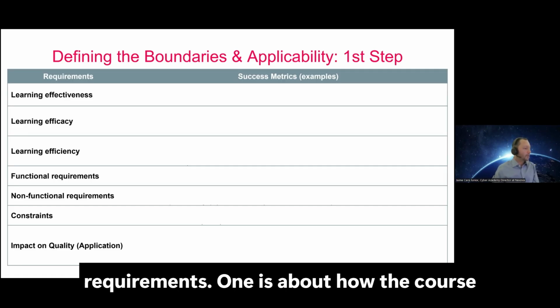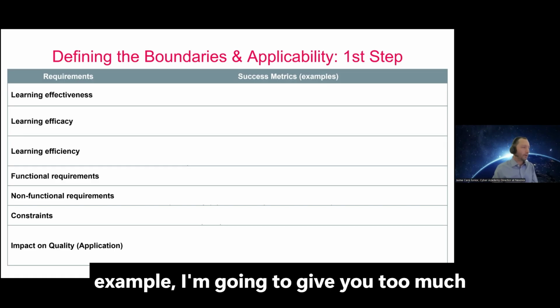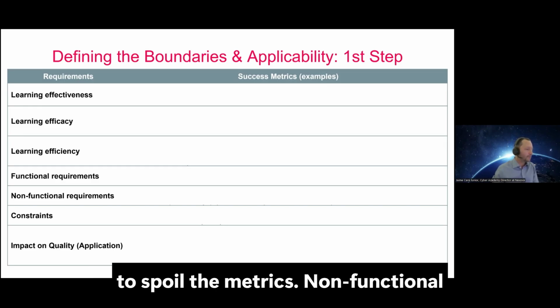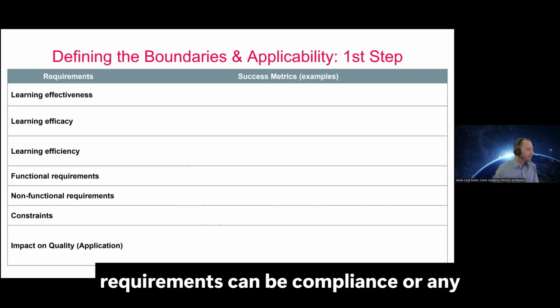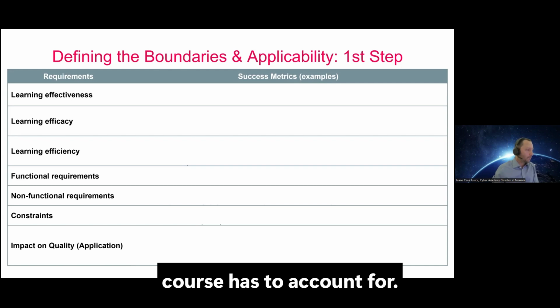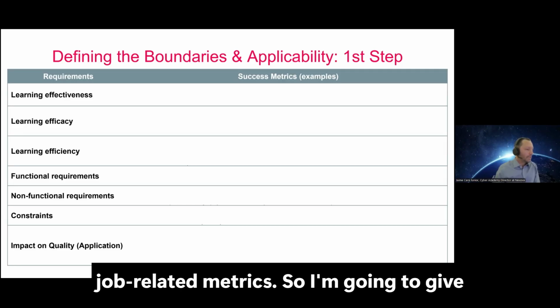Functional and non-functional requirements: one is about how the course should work in terms of navigation, for example. I'm not going to give you too many practical tips, otherwise I'm going to spoil the metrics. Non-functional requirements can be compliance, or any constraint that the system or the course has to account for. Any other constraint, and impact on job-related metrics.